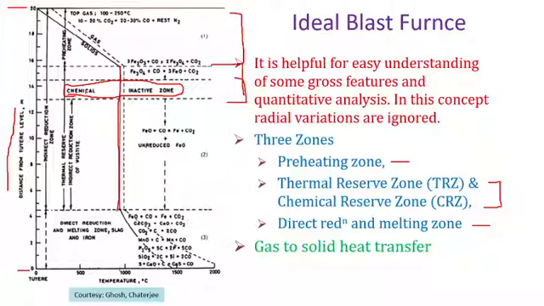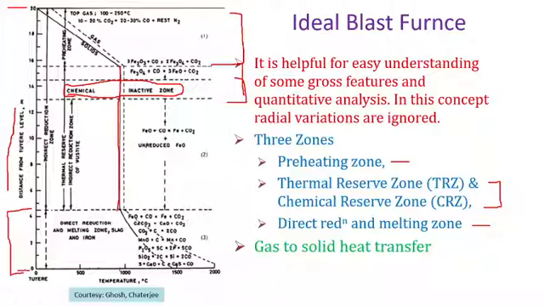Next, a few meters above the tuyeres, meaning the region nearest to the tuyeres, is the direct reduction and melting zone, where except coke, all other raw materials start to melt and temperature increases up to the tuyeres. In this region, reduction mainly takes place by carbon. That's why it is called direct reduction.